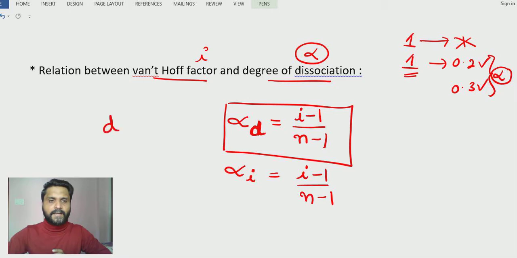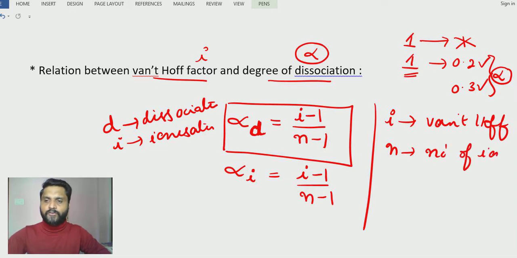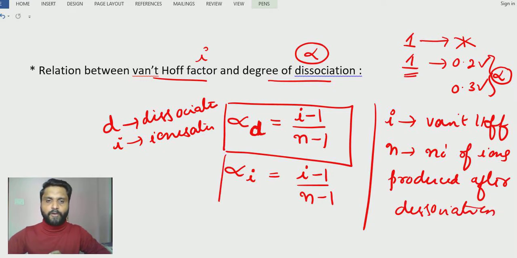Here i stands for the Van 't Hoff factor, and n stands for the number of ions produced after dissociation or ionization. Clear, students? You will have to remember this formula when you solve problems in colligative properties in the videos to come.